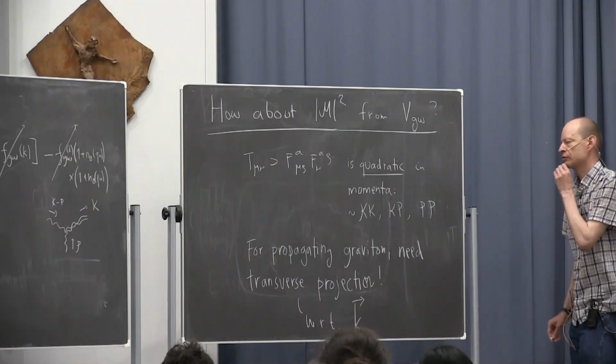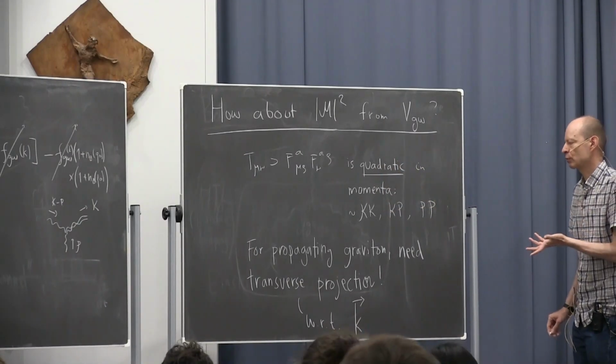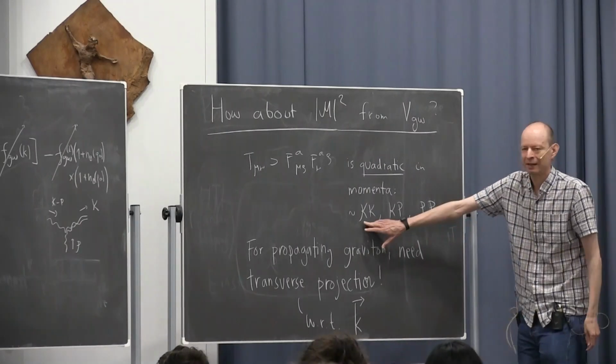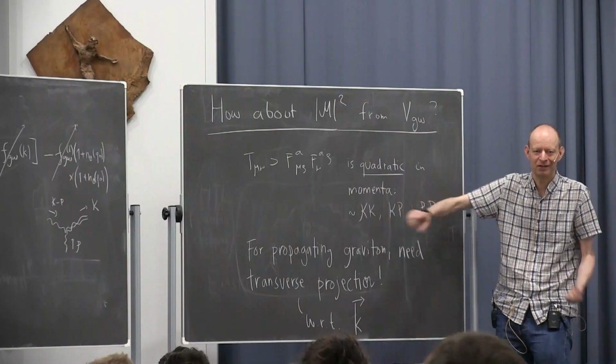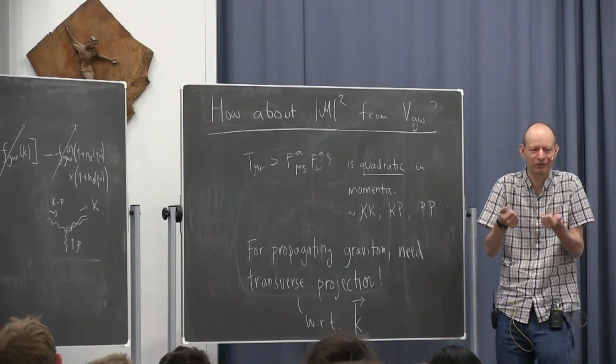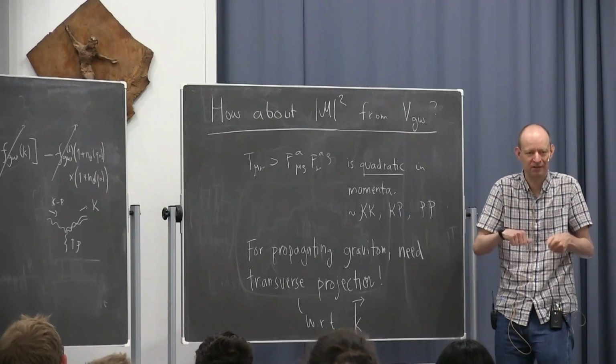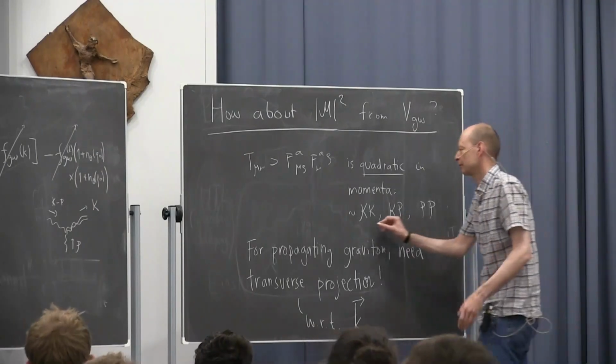That's the direction of propagation of my graviton, and we need something transverse with respect to that. So this means I cannot take the part with two k's, because if I have k's, then there's only the k vector. Out of the k vector, I cannot make something which is transverse with respect to the k vector.